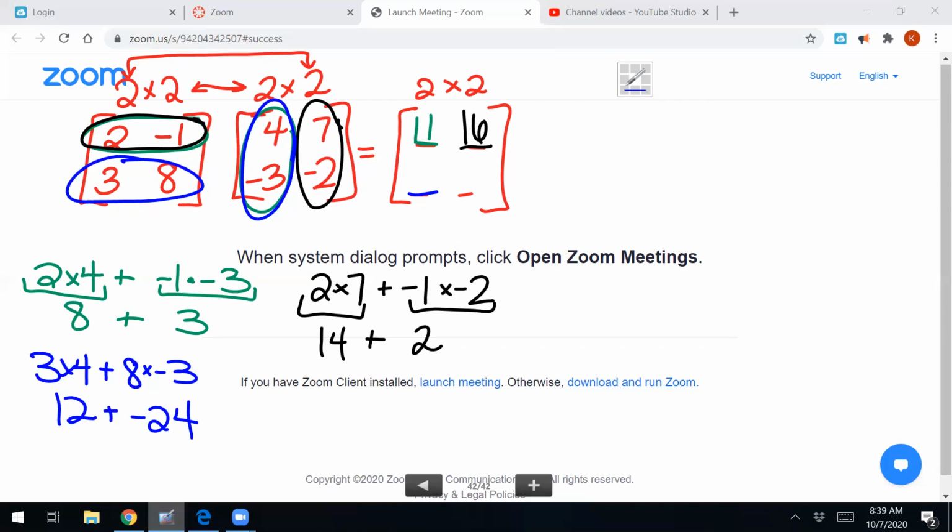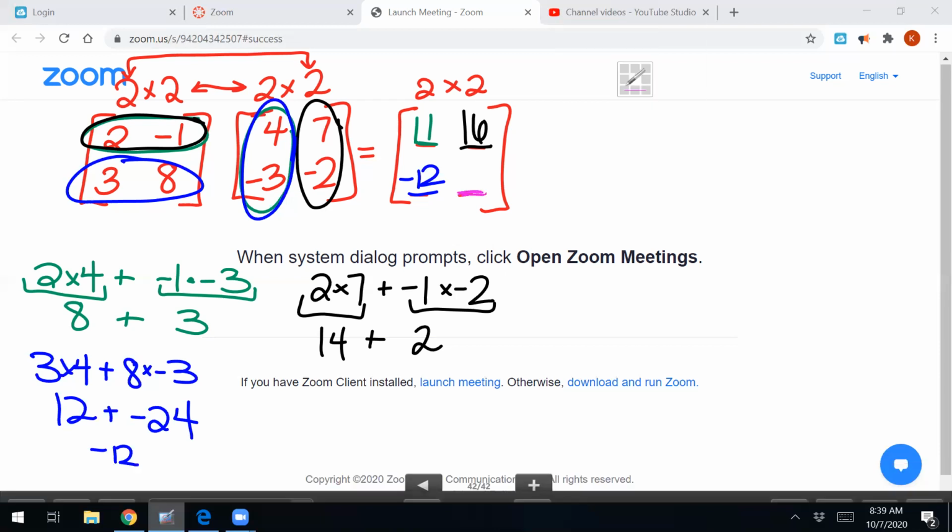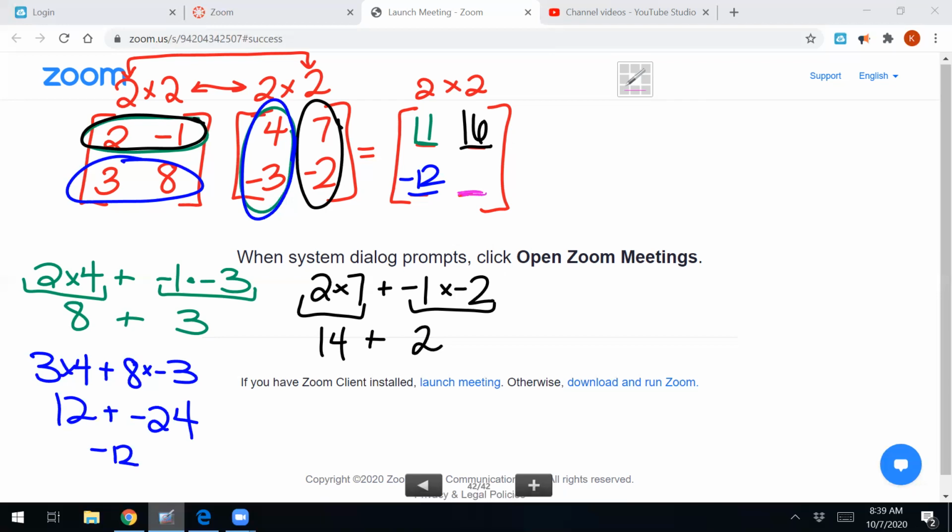Is it making sense? Yeah, you got it now. It's easier when you can see me do it, obviously, than when you're doing it on your own. But you just have to remember to do the location. So this is bottom row, second column. So 3 times 7 plus 8 times -2, multiply.